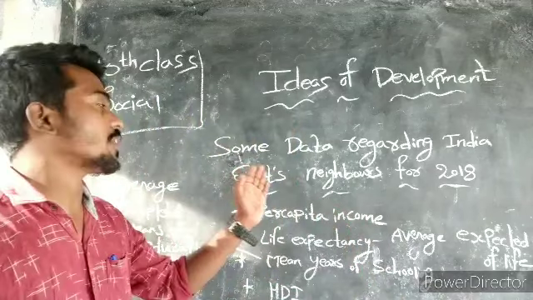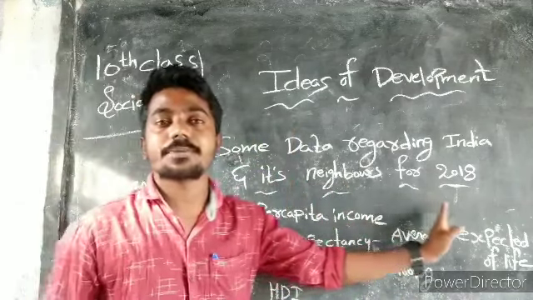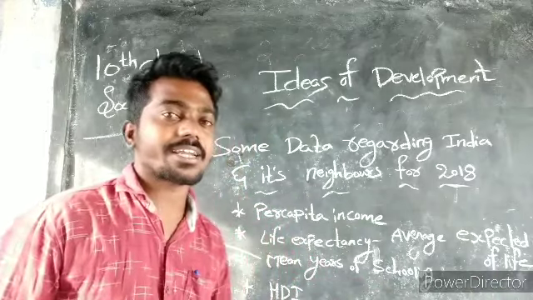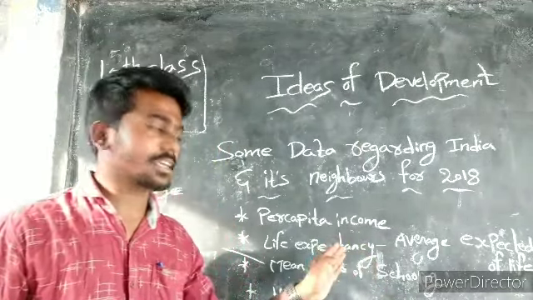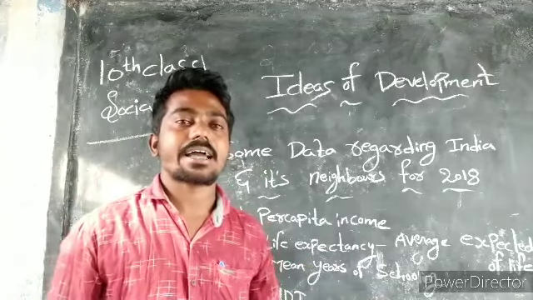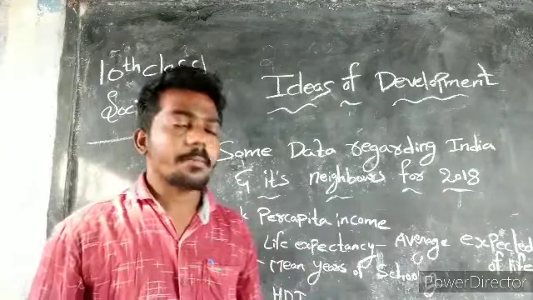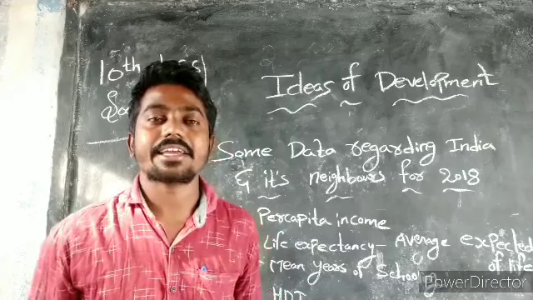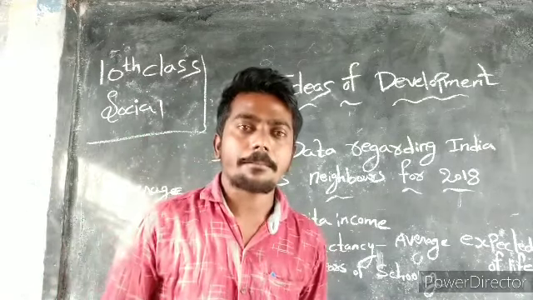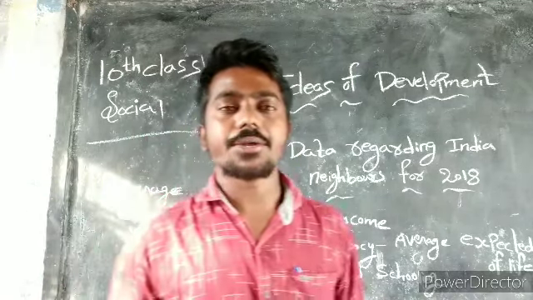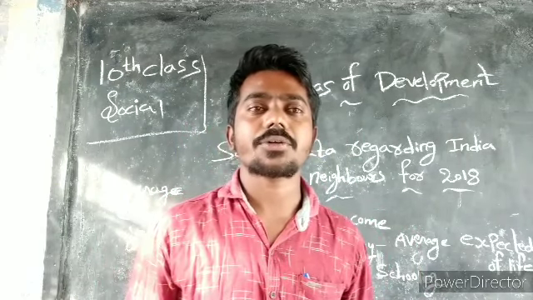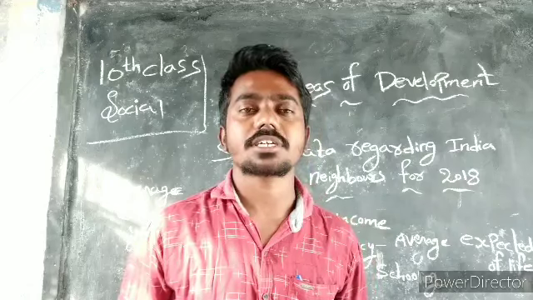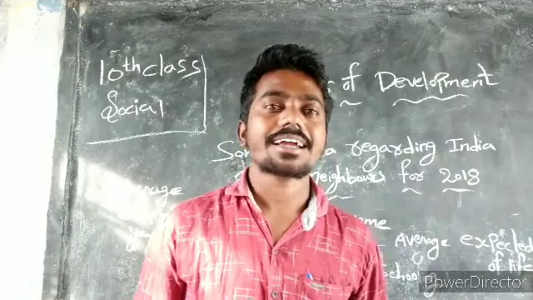What we have discussed is some data regarding India and its neighbors for the year 2018. We took the aspects per capita income, life expectancy, mean years of schooling and HDI. What is meant by per capita income? The per capita income is measured in US dollars all over the world. According to the value of the dollar, the buying of goods and services takes place in every country.